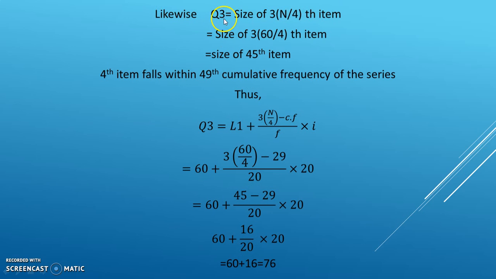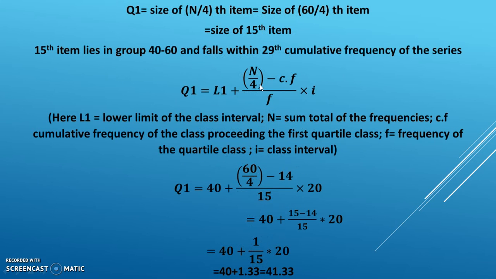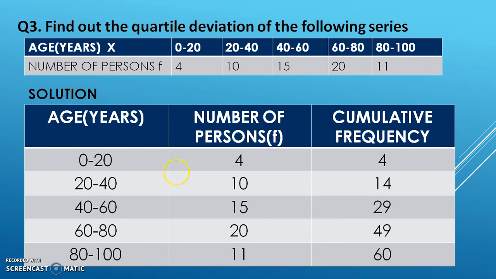Likewise for Q3, this formula will be used, 3n by 4th item, and size of 45th item. The 45th item falls here.